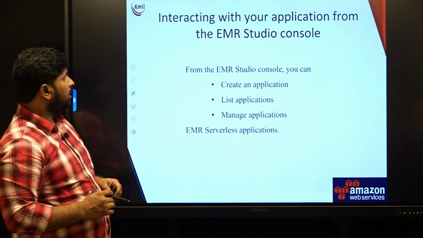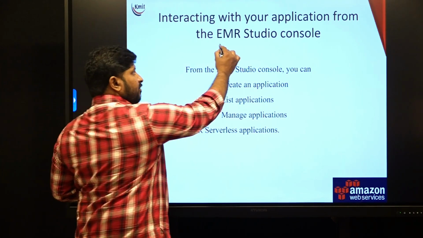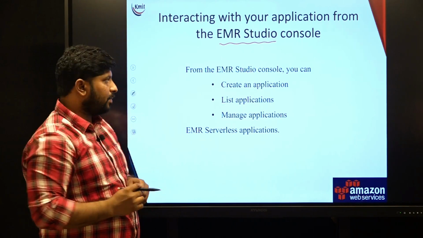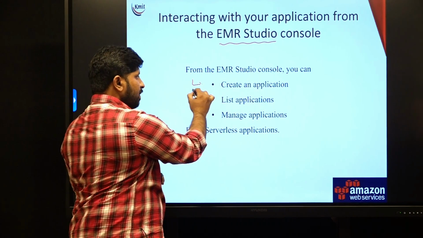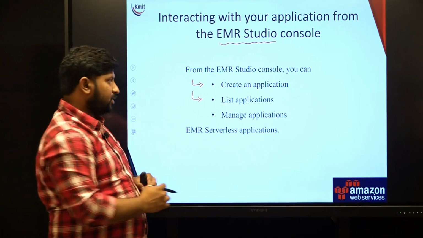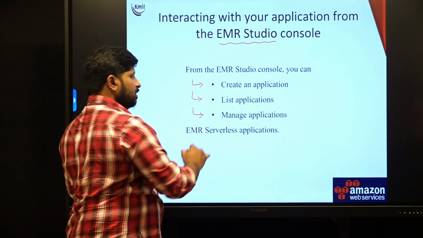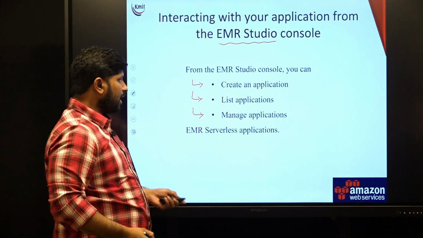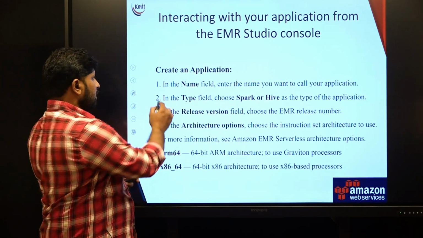Moving further, when we are interacting with EMR Studio, what things can you perform? You can create an application, you can list the available applications, and you can manage the applications to start or stop. So, how to create an application using EMR Studio?